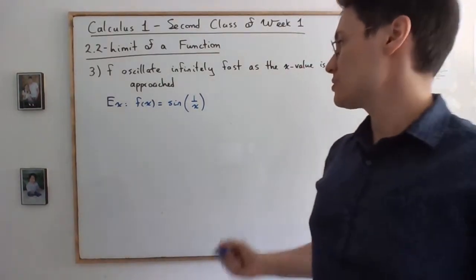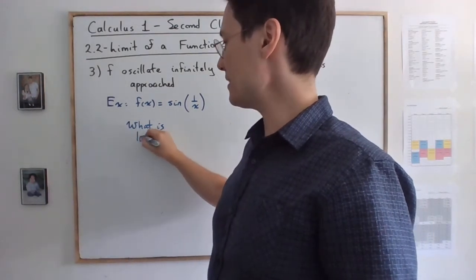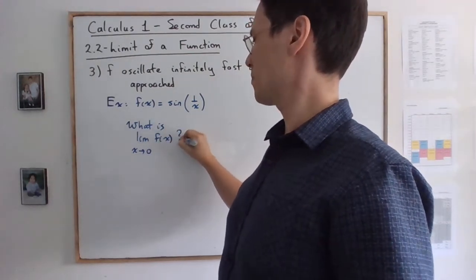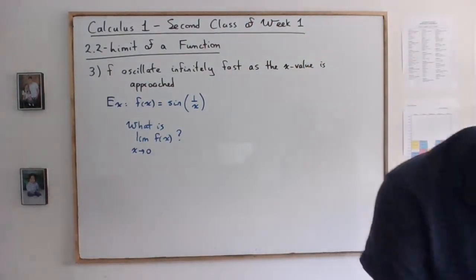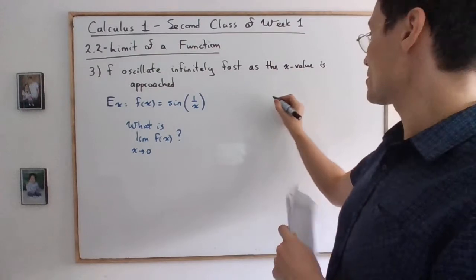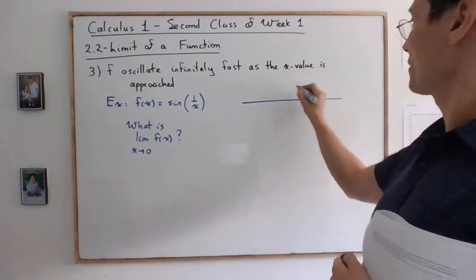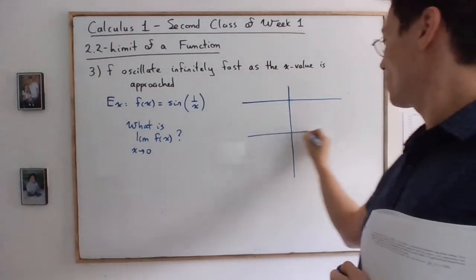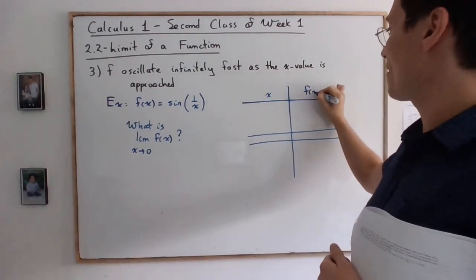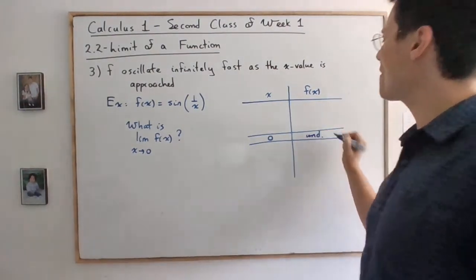We would like to know the limit as x is approaching 0 of f of x. Let's sketch a table, with x and f of x. Remember, if you try to punch in 0, the function will be undefined.